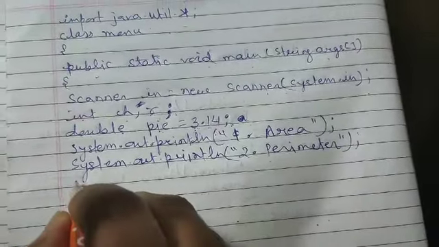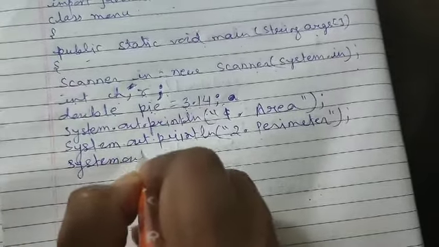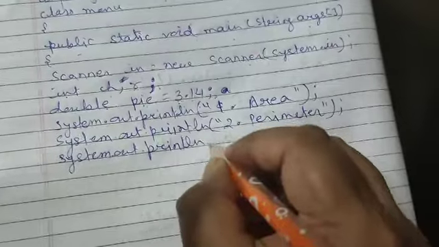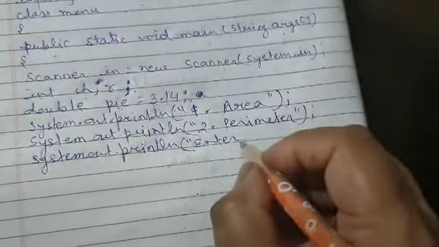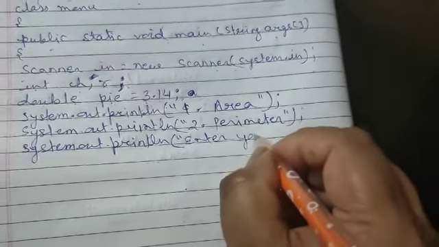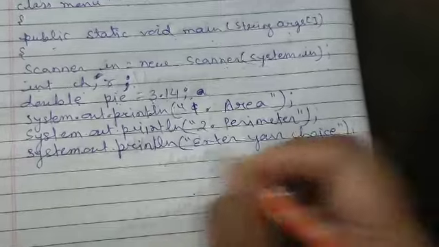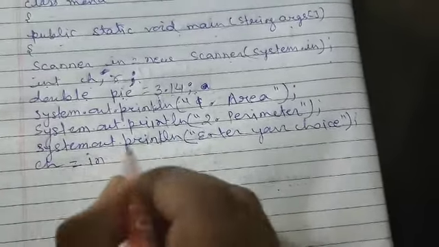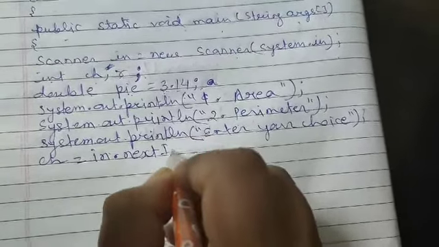Now I am going to write System.out.println, enter your choice. What do you want? You want area or you want perimeter? After that I will take input in ch, so cin.nextInt().